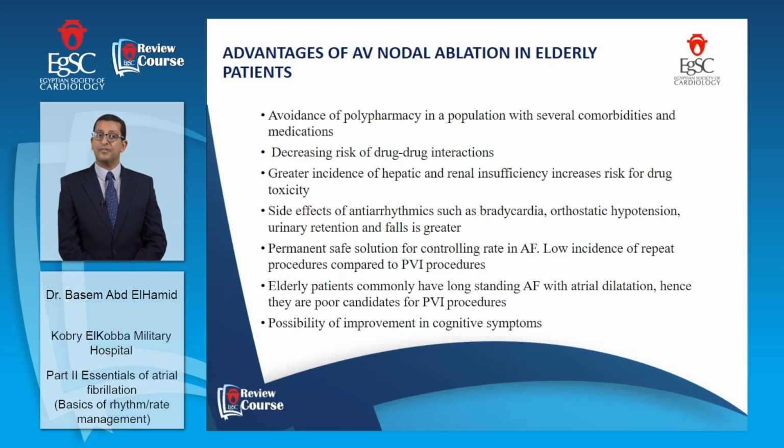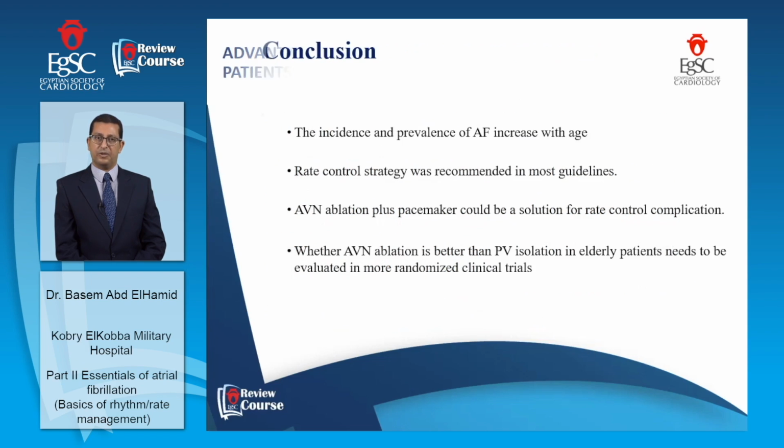There is a low incidence of repeat procedures compared to PVI, which means pulmonary vein isolation procedures. Elderly patients commonly have long-standing AF with atrial dilatation, hence they are poor candidates for PVI procedures, with the possibility of improvement in cognitive symptoms, but we will be dependent on a pacemaker.